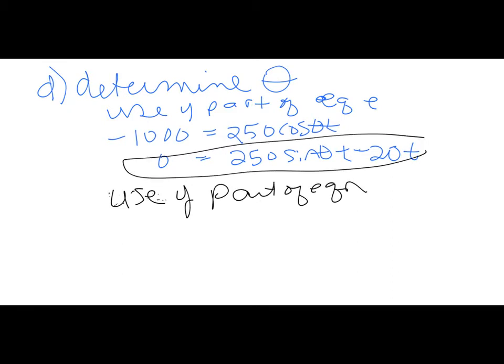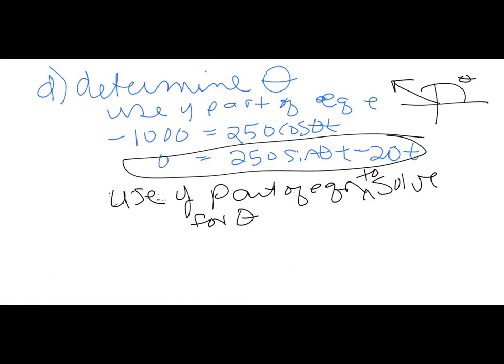That's this, to solve for theta. And remember, theta is this. So I have 0 equals 250 sine t minus 20t.